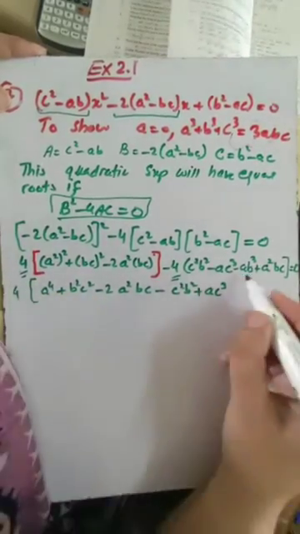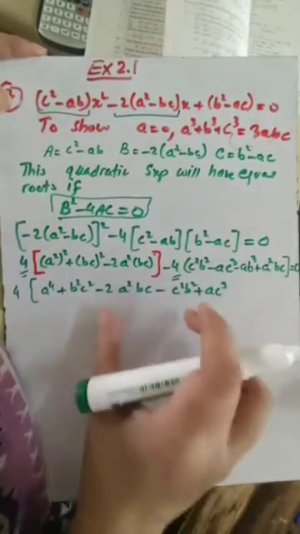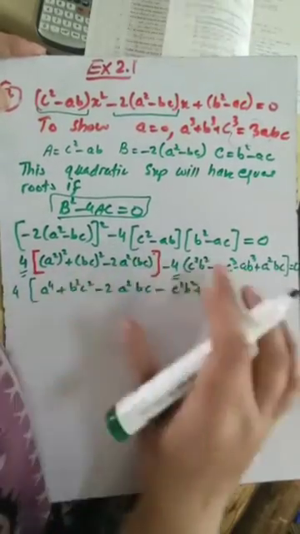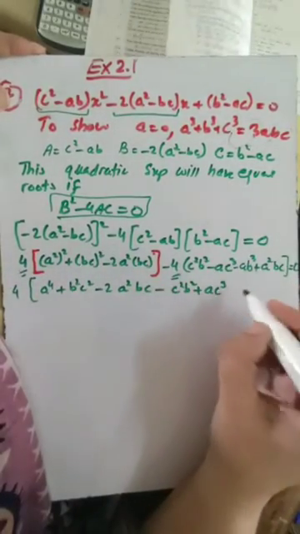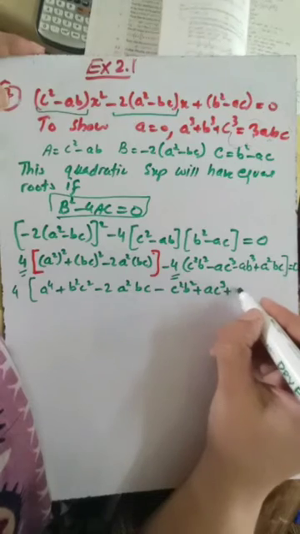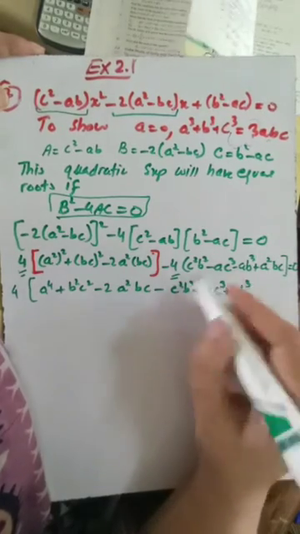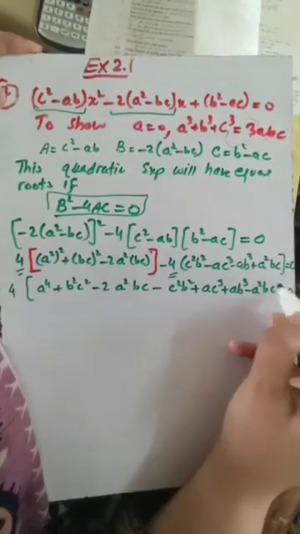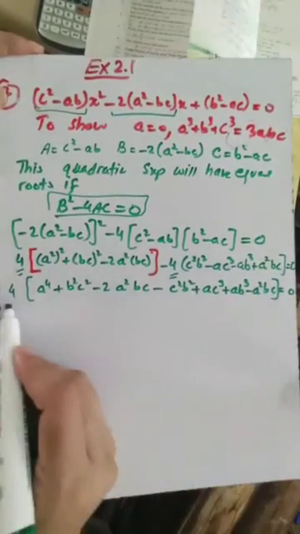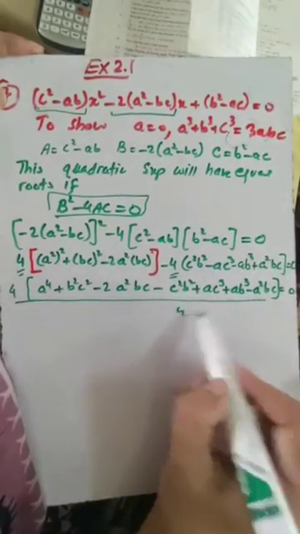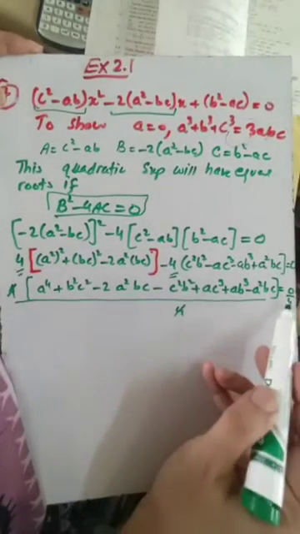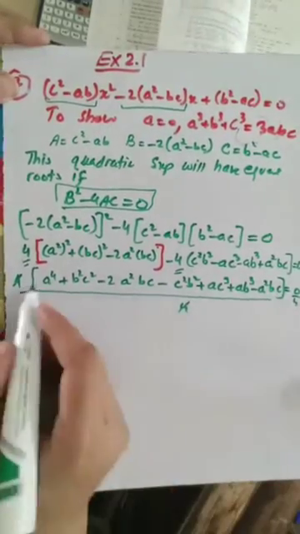I have taken this 4 common, so it's outside the bracket, and inside the bracket we have the rest of the expression, plus ac cube plus ab cube minus a square bc is equal to 0. Now if I divide 4 on both the sides, 4 will be cancelled out and we will get 0 by 4 equal to 0.